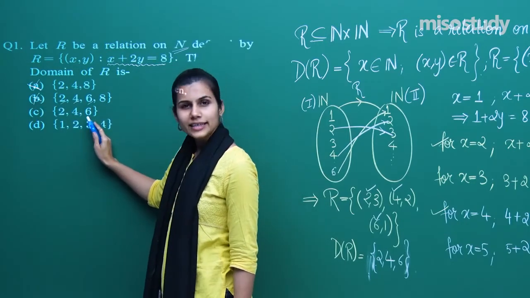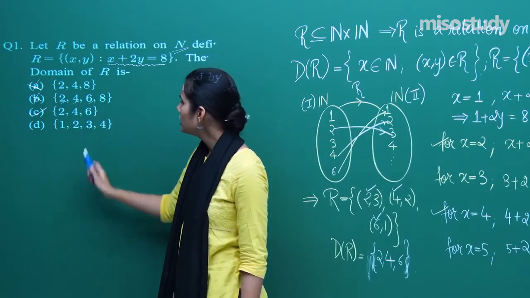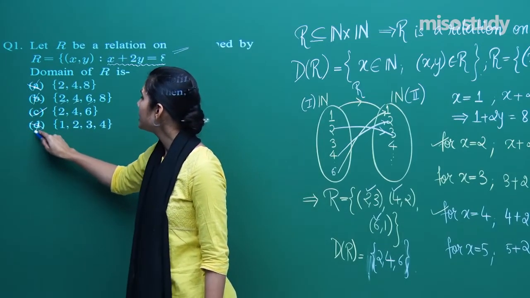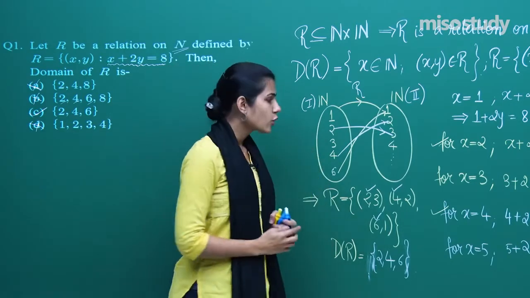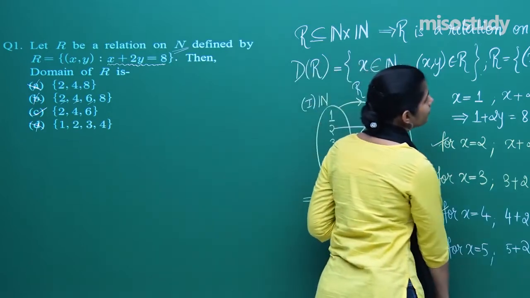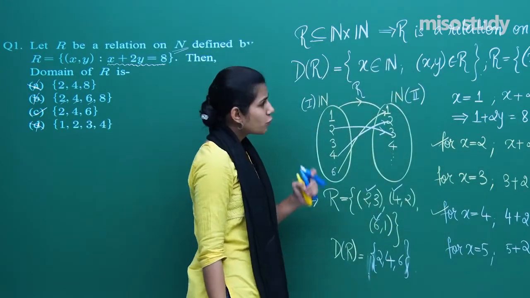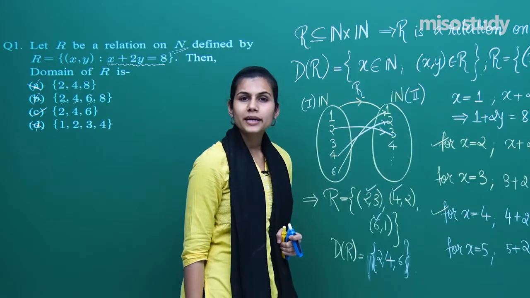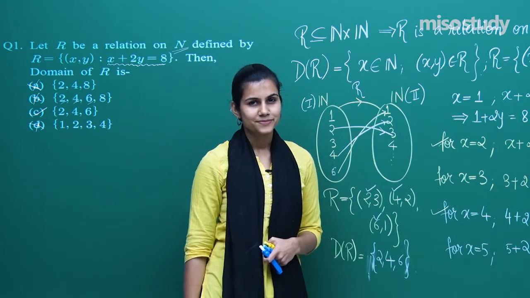The third one is my solution, and therefore that is the correct option, with D also being wrong. That is how you deal with questions involving finding the domain of a relation. Why don't you take a sec or two to copy it, and then I am going to proceed with the second question.